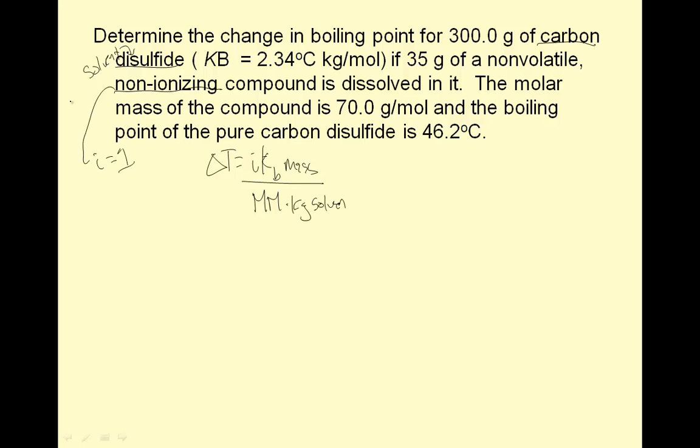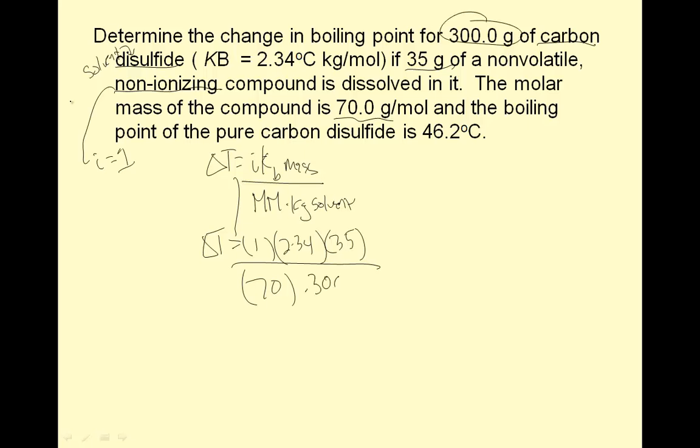And remember, that top mass is the solute. I, non-ionizing, is 1. Kb is 2.34. Mass of the solute is 35. Molar mass of the compound is 70. Kilograms of solvent: 300 grams, move the decimal 3 places, 0.300.